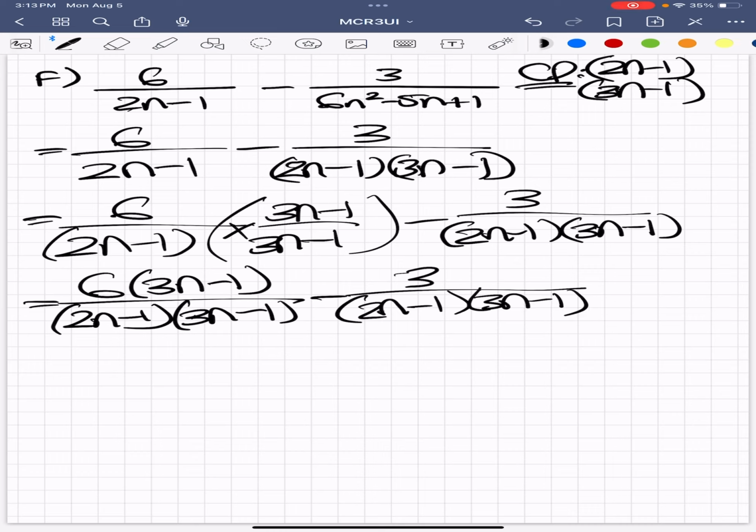Okay, and then we multiply the numerator and the denominator by the conjugate, and then we expand this out.